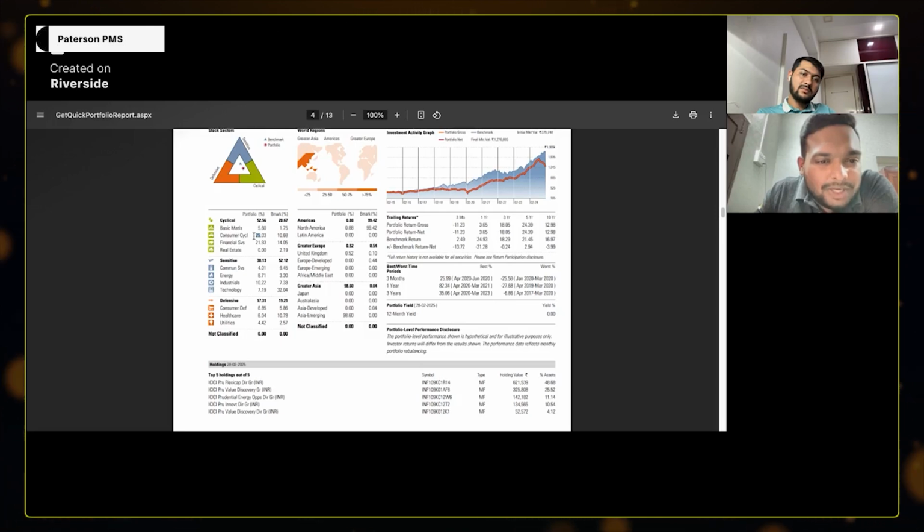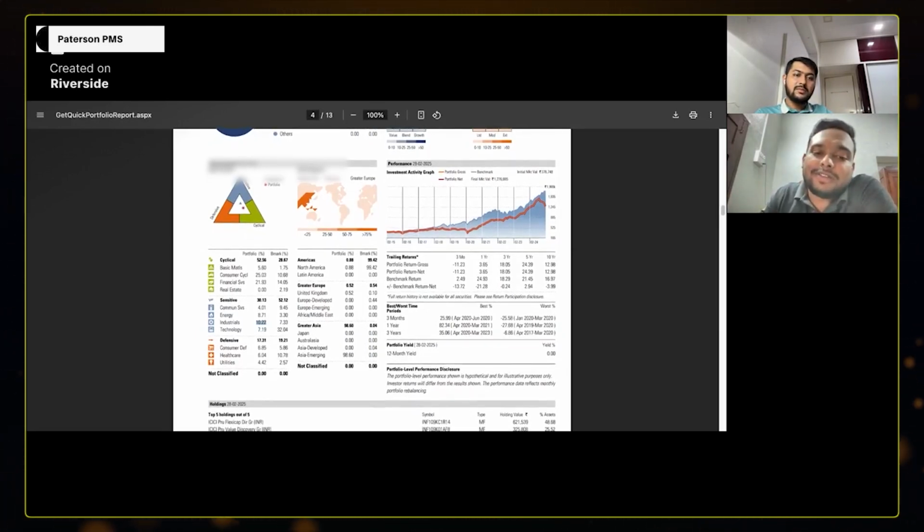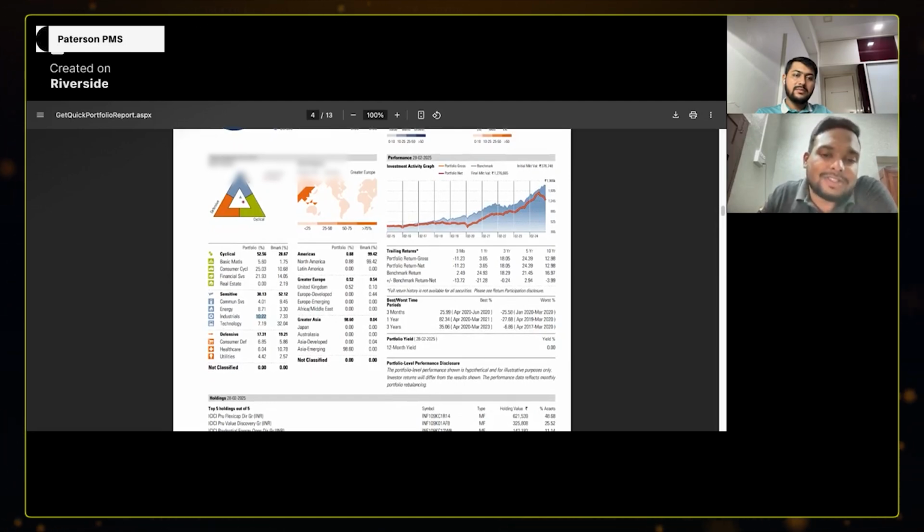If I take the top three sectors, such as consumer cyclical, financial services, and industrial, they alone form an allocation of around 50%. Imagine having 50% of your portfolio allocated to just three sectors. How can you get the diversification benefit maximized?